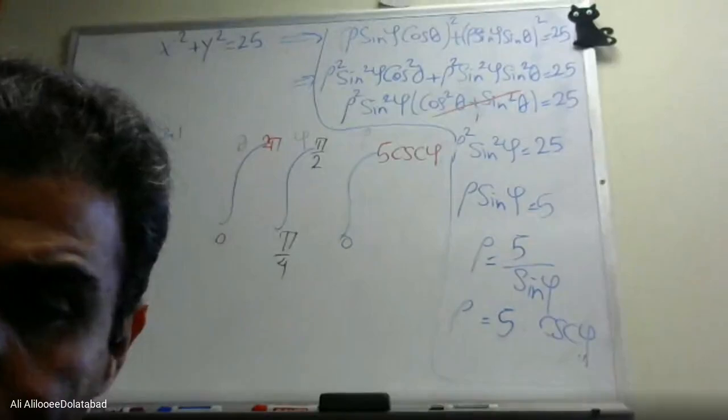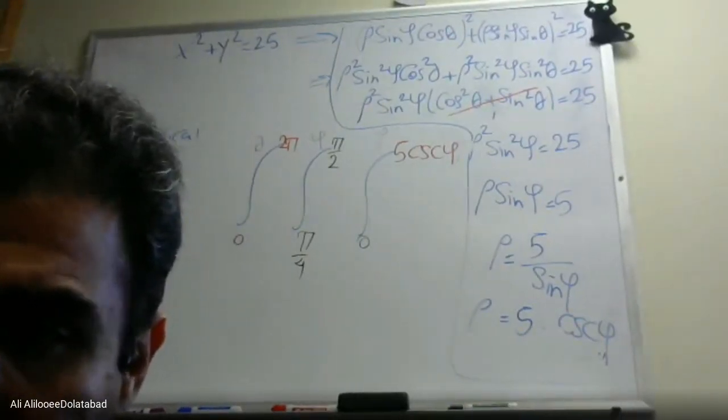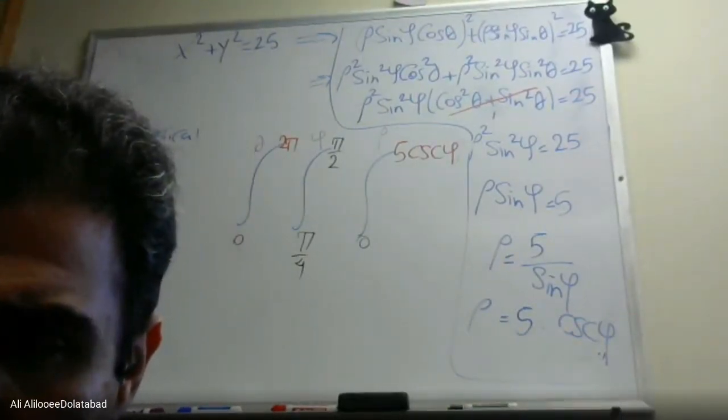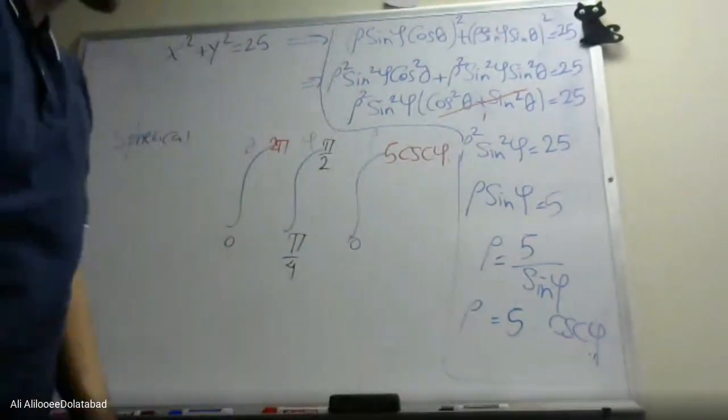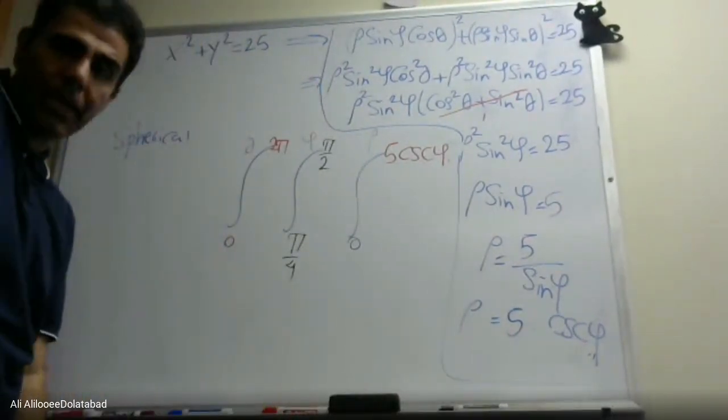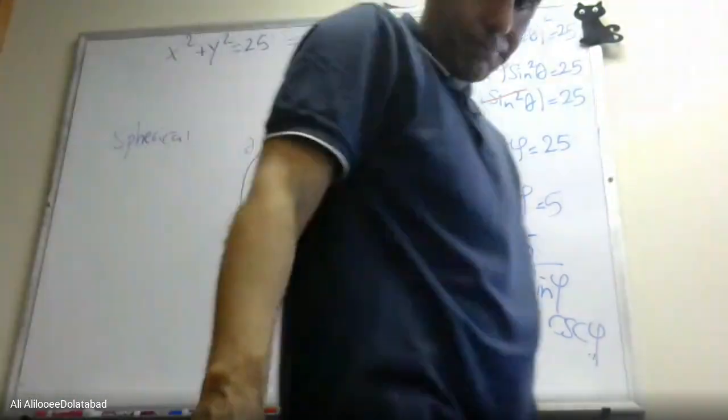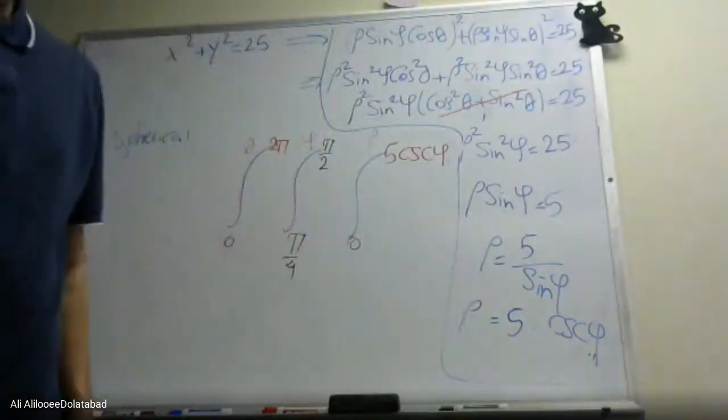Yes, exactly, because we took a square root, and the square root of 25 is 5. So thank you, Mara. Any other question?